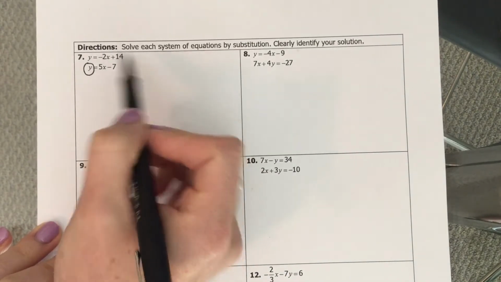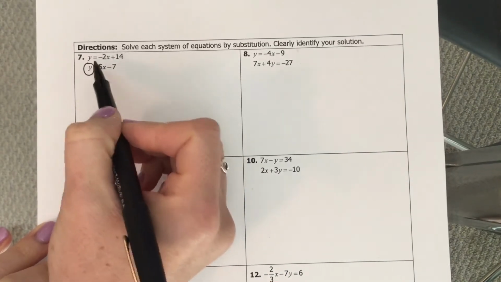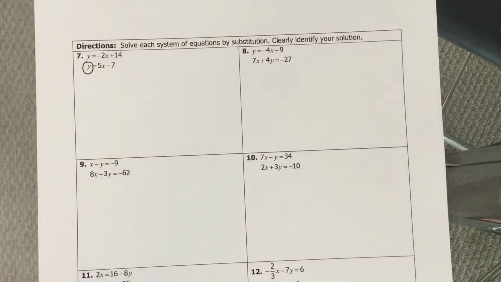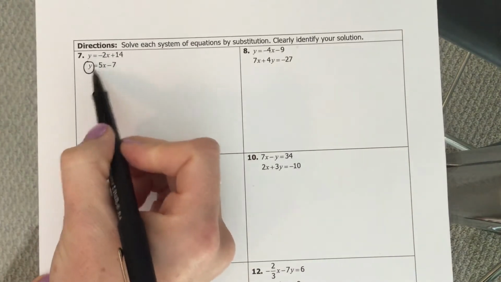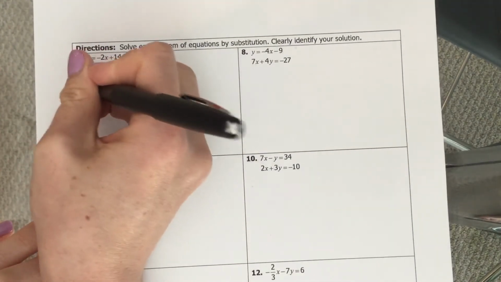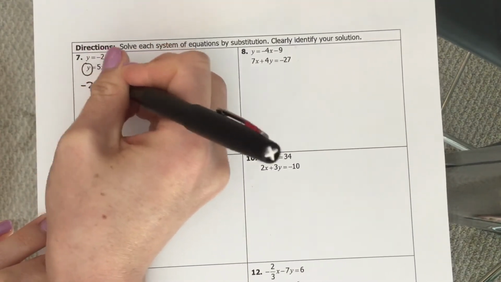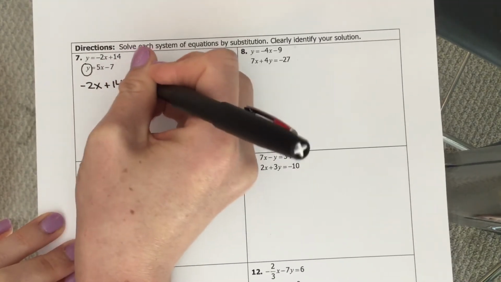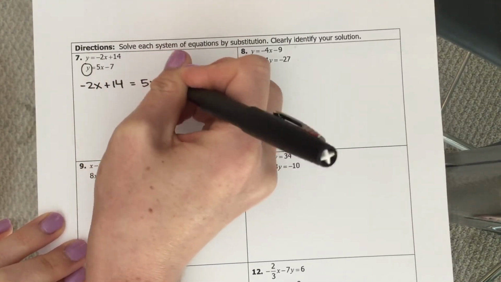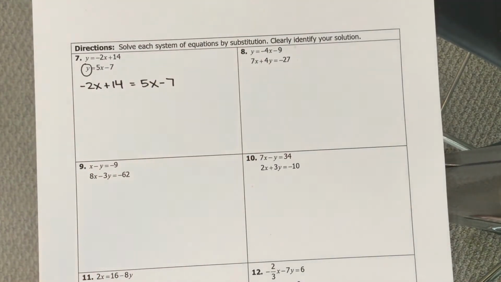If y is equal to negative 2x plus 14, that means y can be replaced with negative 2x plus 14. So we are going to replace this y with negative 2x plus 14. And then the right-hand side of the equation will stay the exact same. So that's step 2. We make that substitution.